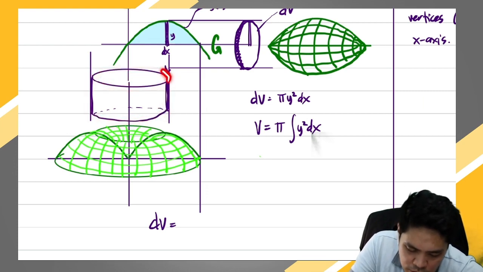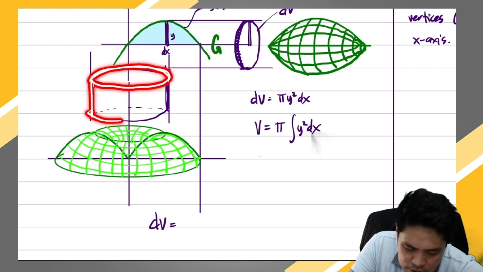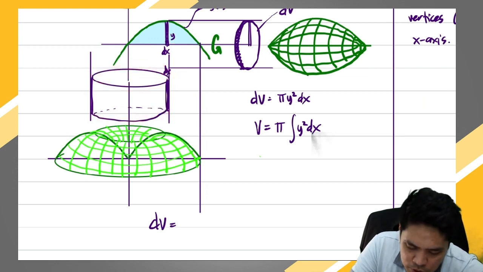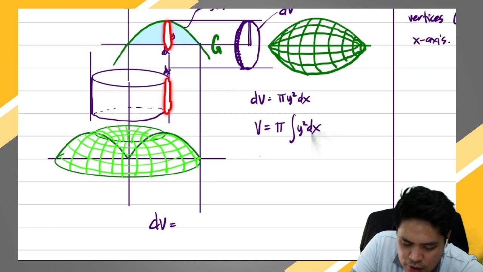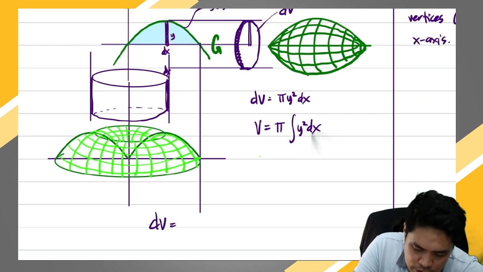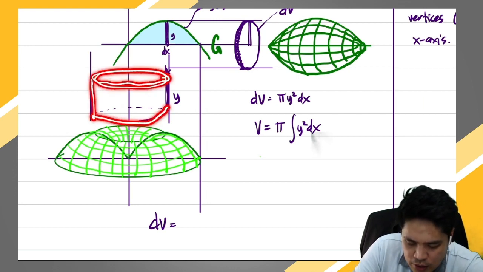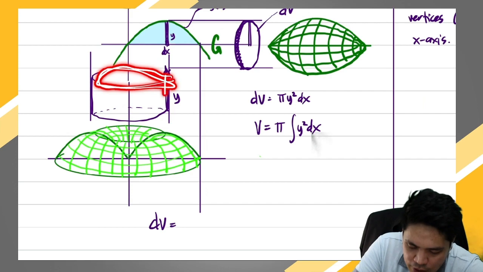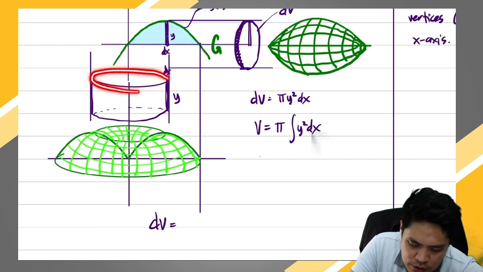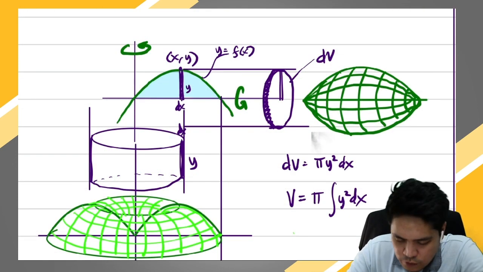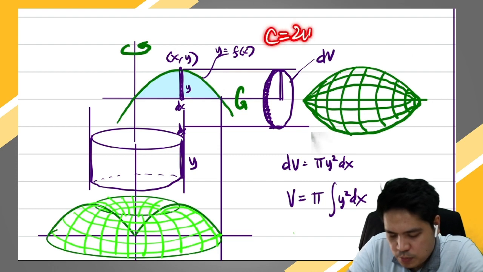So that is just the circumference times this. Remember that this is equal to this, so this is y again. That would be this circumference times y. How do you get the circumference of a circle? The circumference of a circle is just 2 pi r.